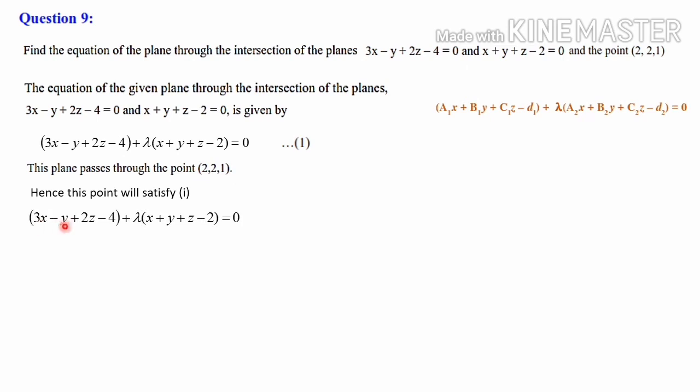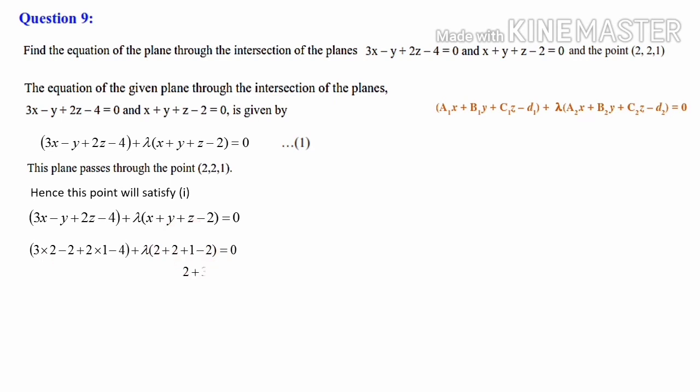3x minus y plus 2z minus 4 plus lambda into x plus y plus z minus 2 equal to 0. When we replace x, y and z and put 2, 2 and 1: x is replaced by 2, y is 2 itself, and z is replaced by 1, minus 4, plus lambda into, as before, x is 2, y is 2, z is 1, minus 2, equal to 0.